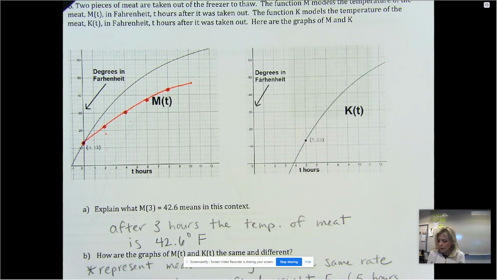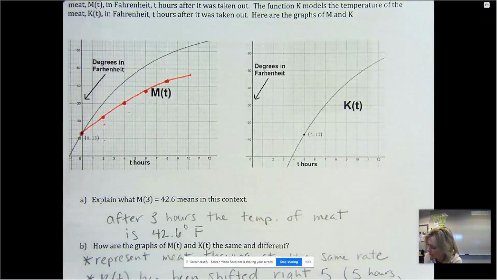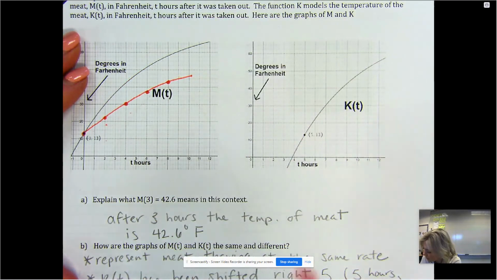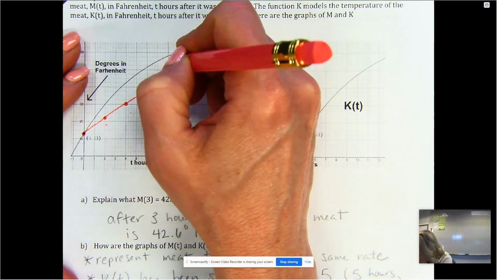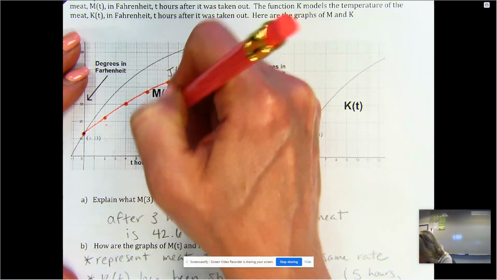And then we have to write a rule. So if I just kind of make, let's see, this point right here, I'm going to call it J of 8.